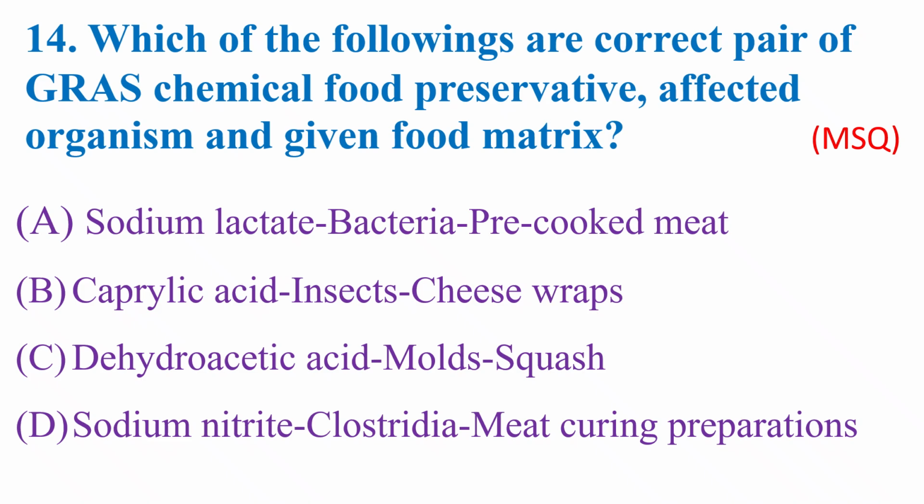Question number 14. Which of the following are correct pairs of GRAS chemical food preservative, affected organisms and given food matrix? It is an MSQ type question. So GRAS stands for generally recognized as safe. So these are preservatives which are approved for use in specific foods to target particular microorganisms. So sodium lactate, bacteria, pre-cooked meat. So this is correct.